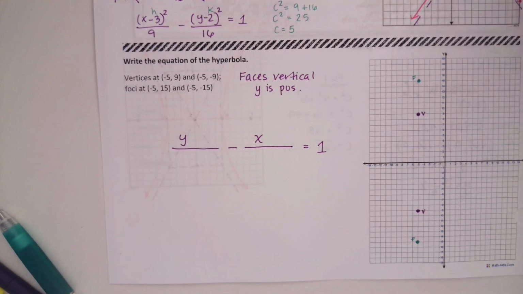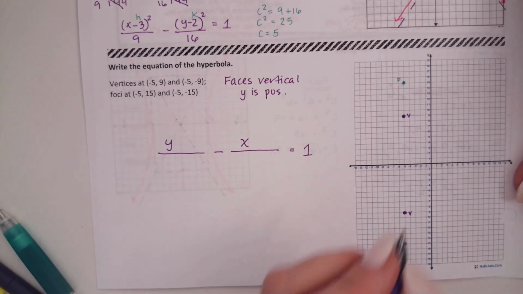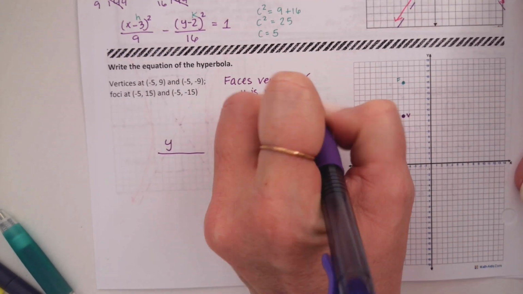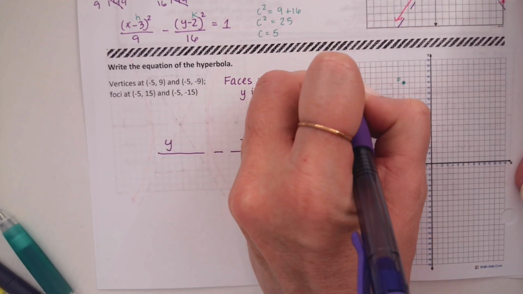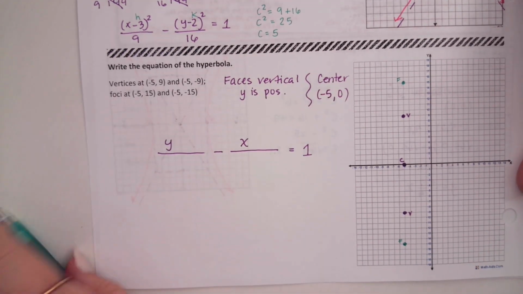The second thing you can probably figure out is where the center is, because the center should be the midway point between the two vertices. What is my center going to be at? Ordered pair, the whole ordered pair. -5, 0. There's my center. And remember, that is your h, k.